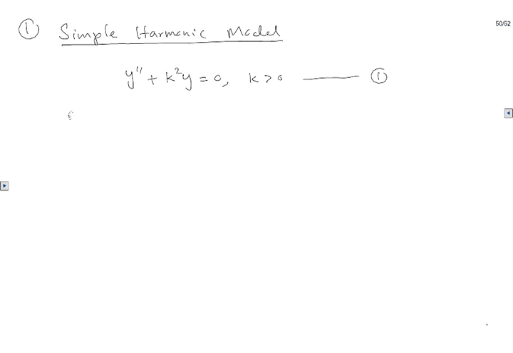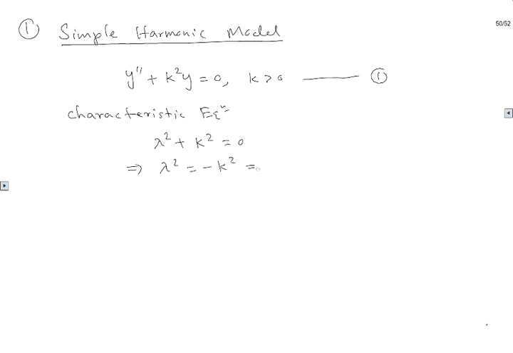So the characteristic equation is, what we normally do is we replace the derivatives by lambda powers. So it is lambda squared plus k squared equals 0. And then we can isolate lambda, so we can write this equation as lambda squared equals negative k squared.